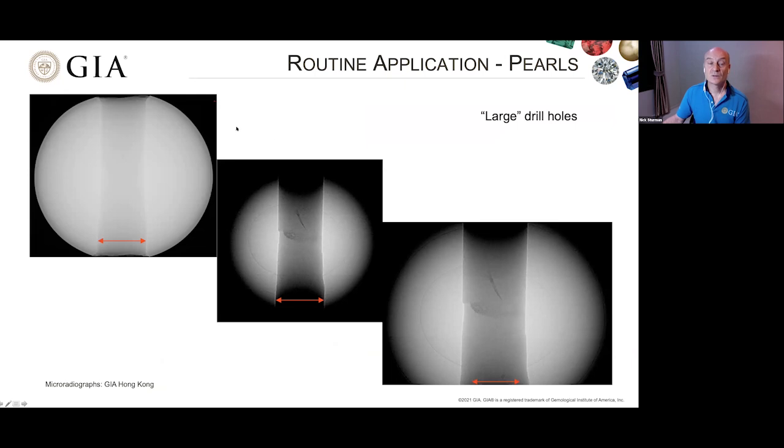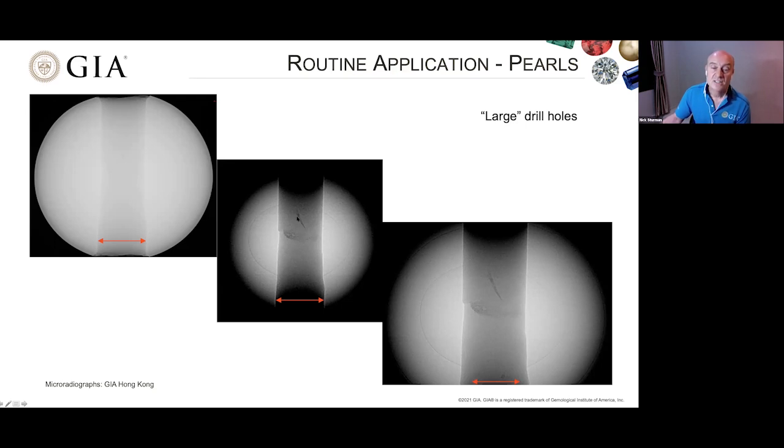Another thing that we can look for, as I said, is the size of the drill hole. So here I just put some red arrows, and you can see that when we compare the size of the drill hole to this, and then we magnify it, this drill hole is pretty big. And this is actually a freshwater non-bead cultured pearl, which was submitted in Hong Kong very recently.